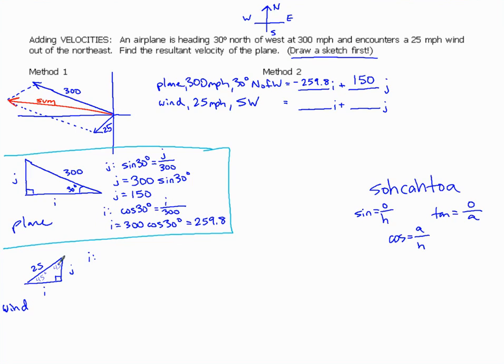Using this angle, I is opposite and 25 is the hypotenuse. Opposite and hypotenuse is sine. So sine of 45 degrees is I over 25.